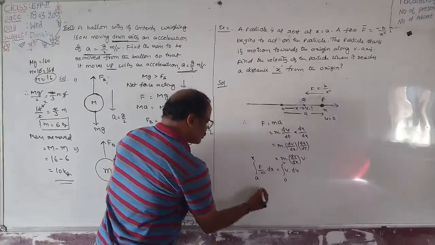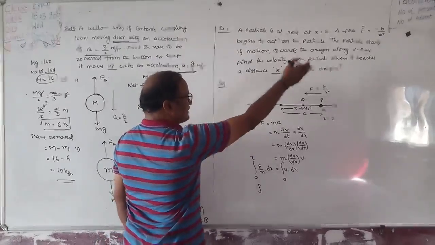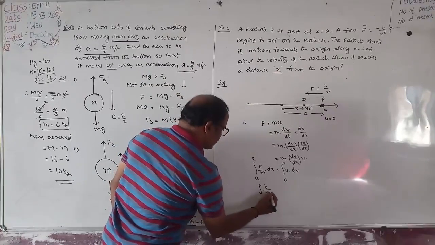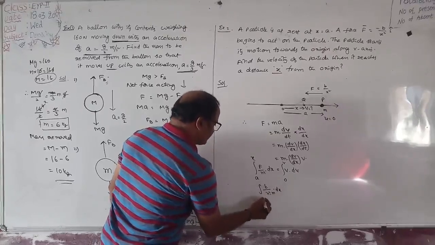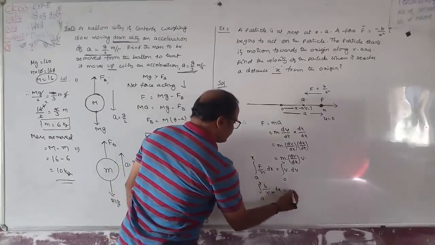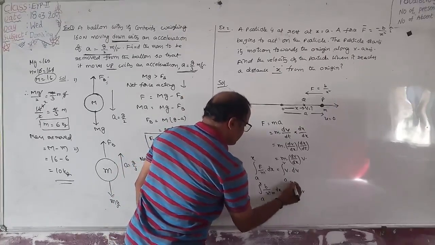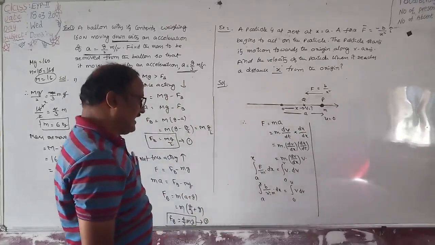So the integral of F, what is the value of F? F is given by b by x square. b by x square into m into dx, limits from a to x, is equal to the integral of v dv, with limits from 0 to v.